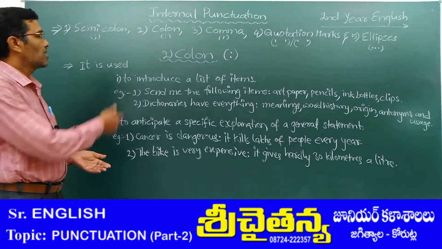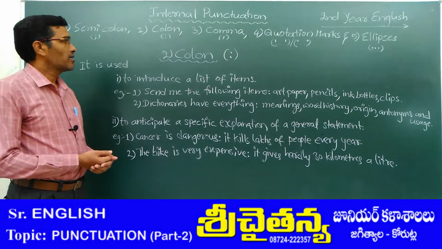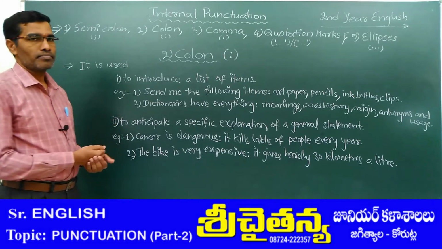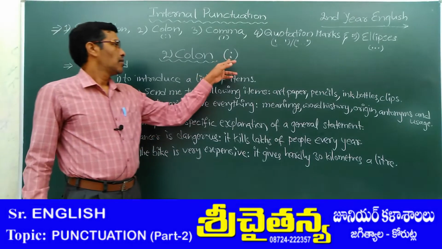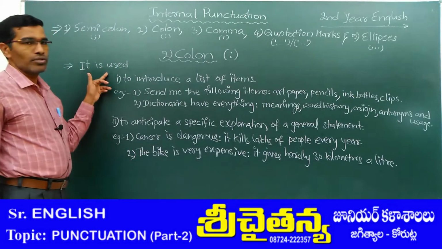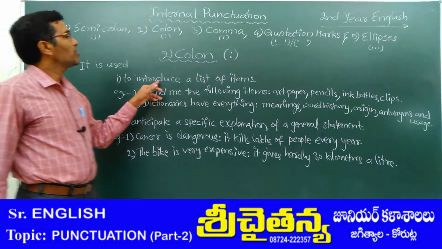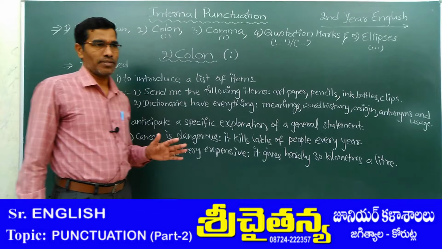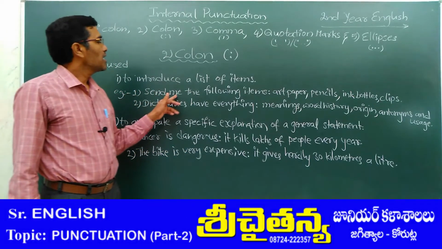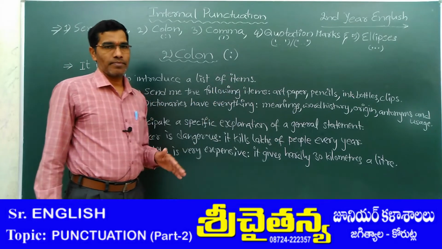Okay, students. Let us move to the second internal punctuation, that is the colon. Colon is referred to by this symbol. It is used to introduce a list of items. Suppose, send me the following items.